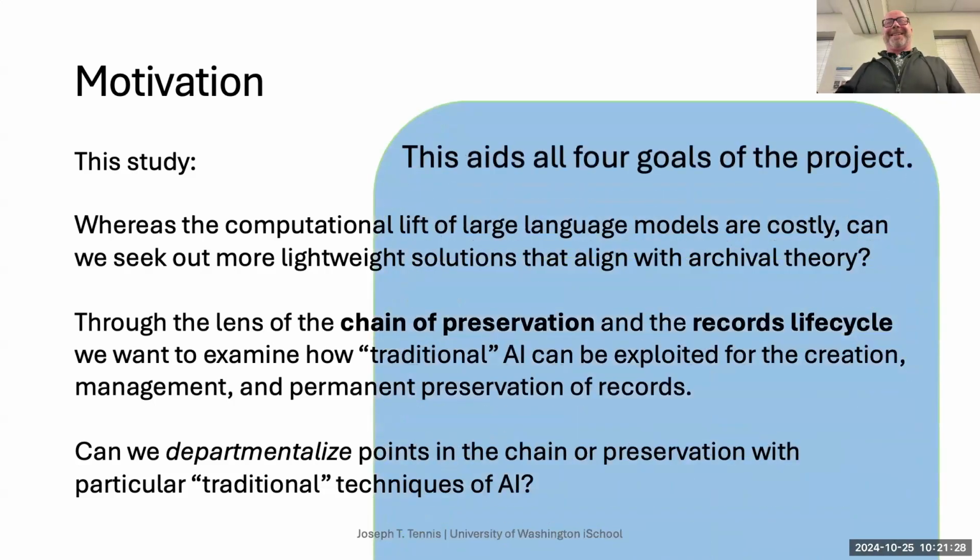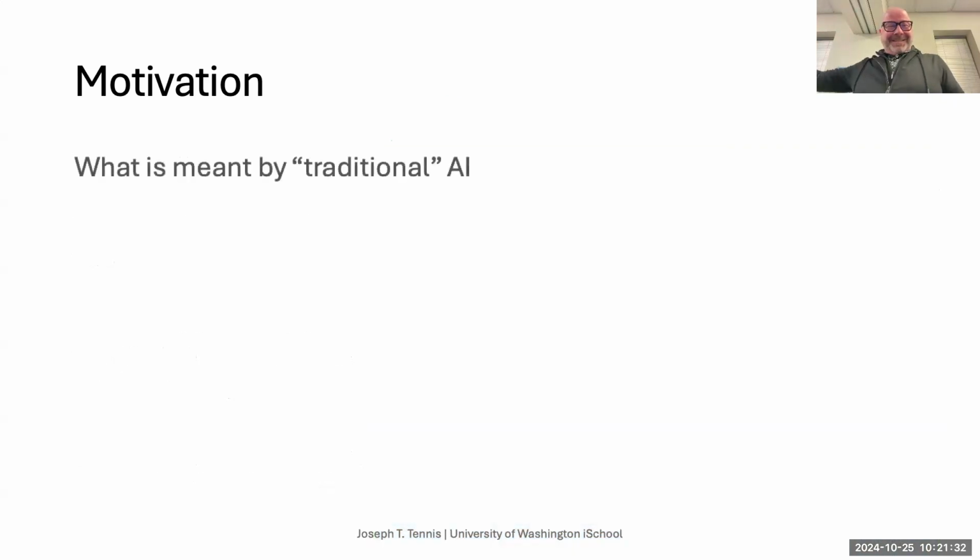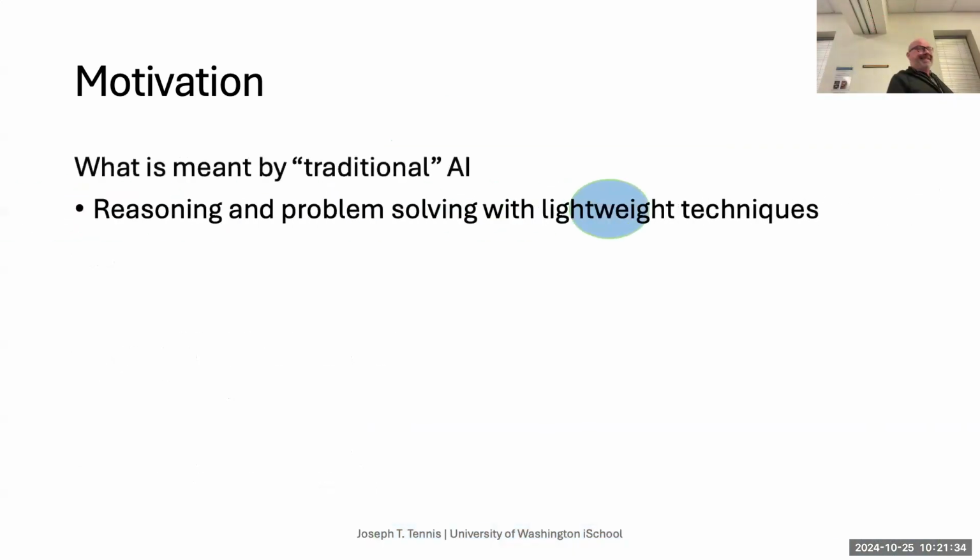Next slide. So these all are in favor of the goals, but what do I mean by traditional? I'm talking about techniques, not technologies as well, right? So I'm talking at an abstract level here.